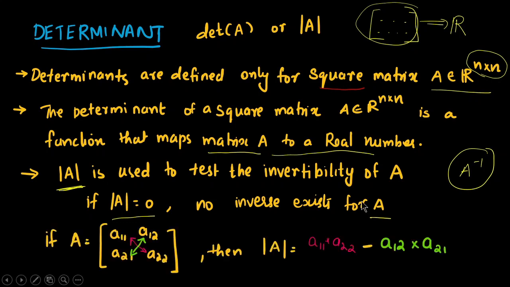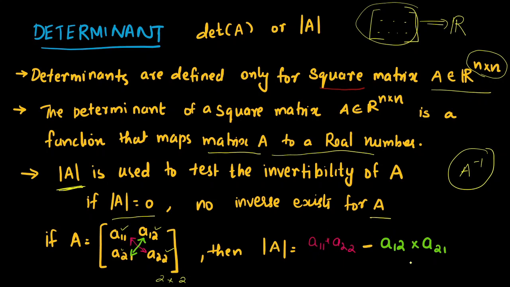If we take a 2 by 2 matrix with entries A11, A12, A21 and A22, how do we find the determinant? We take the cross multiplication: A11 into A22 minus A12 into A21.